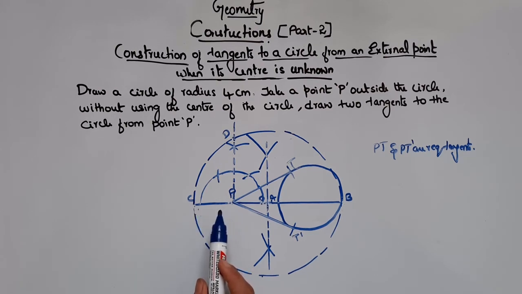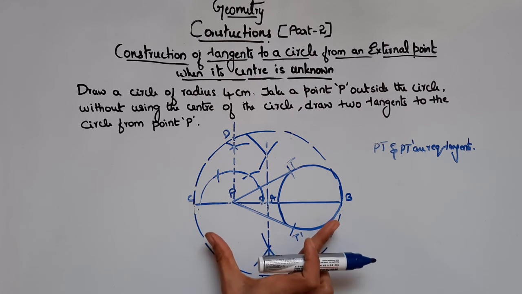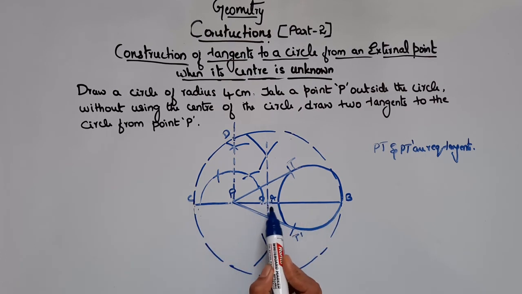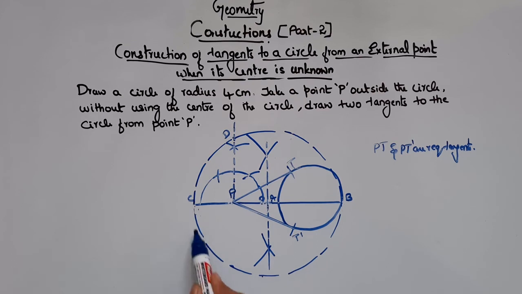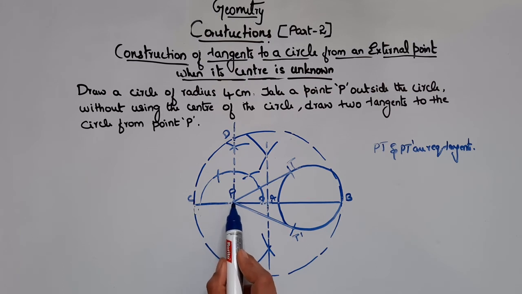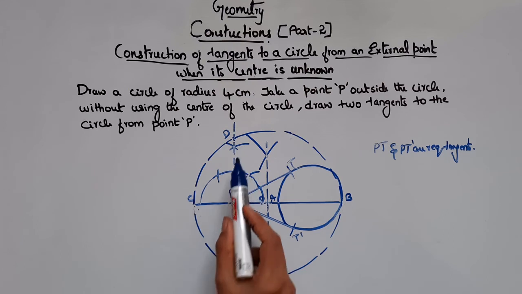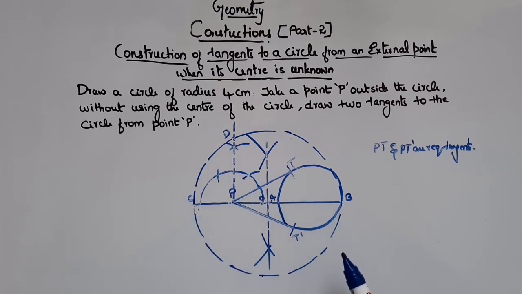And the next step is to find the perpendicular bisector, that is, to find the midpoint of CB. Once you got the midpoint of CB, you will keep your compass at this midpoint and draw a circle like this. Once you are done with the circle, you will now produce the line from point P to meet D such that PD is perpendicular to CB.